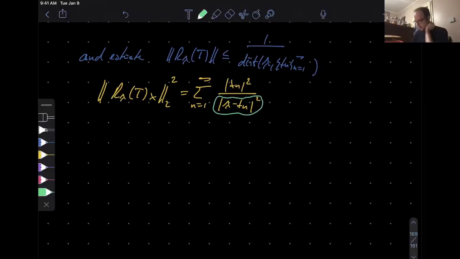by saying, well, this is at least the distance between lambda and any of your t_n's, right? And that way you can remove the green bubble outside, and what you have left here is 1 over the green stuff.